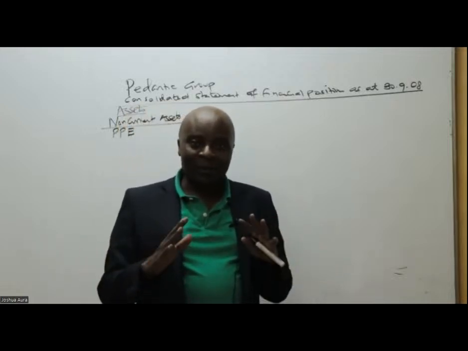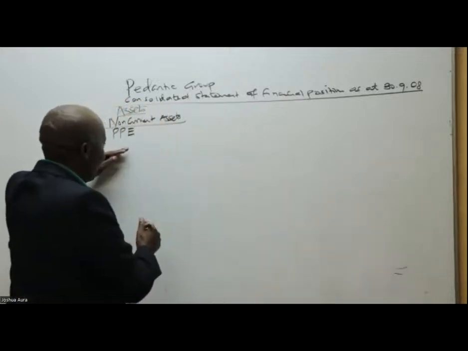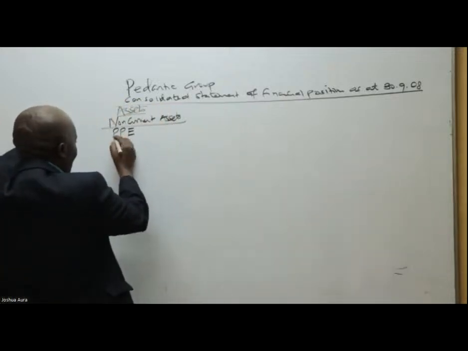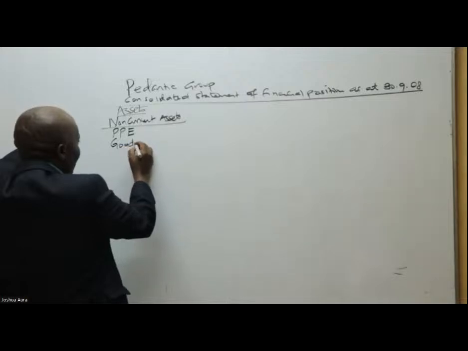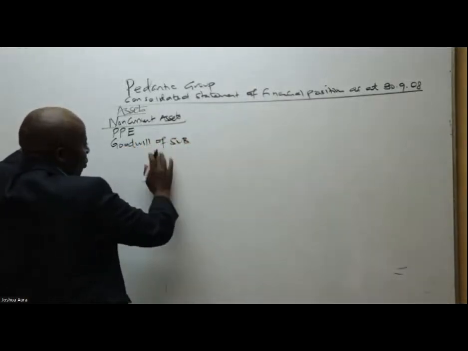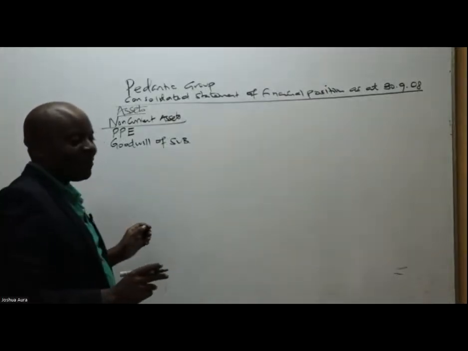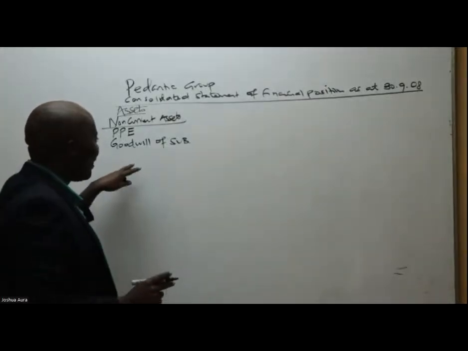Anytime you've got subsidiaries, as a non-current asset you must give us your goodwill: goodwill of subs. I'm just trying to copy the general structure.